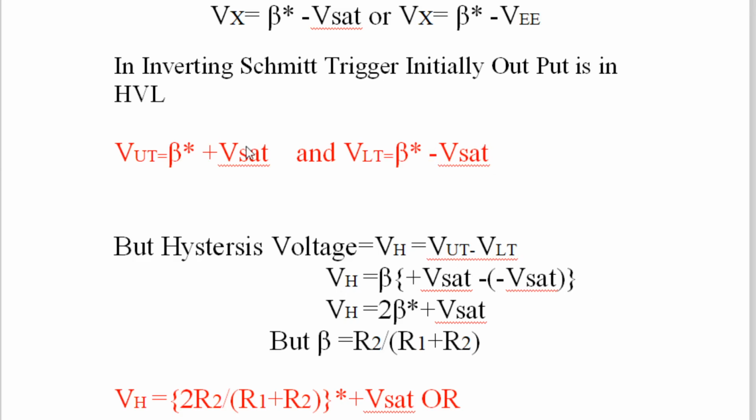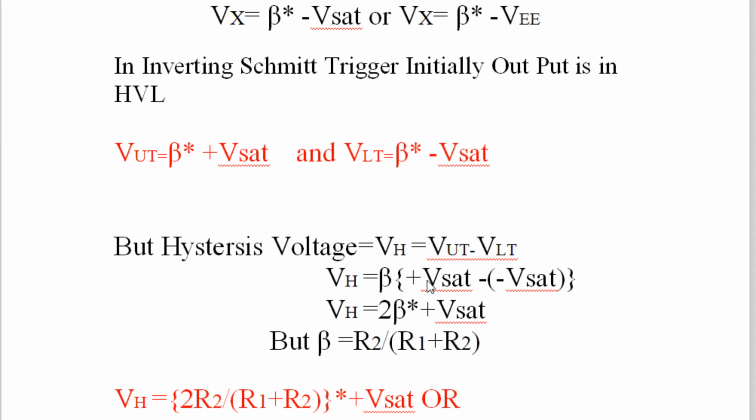This is very simple mathematics. VH equals beta, taken common, times the bracket of plus Vsat, because it is a difference of VUT and VLT so a minus sign is there, and into the bracket minus Vsat. Now minus into minus Vsat, minus minus becomes plus, so this is plus Vsat.